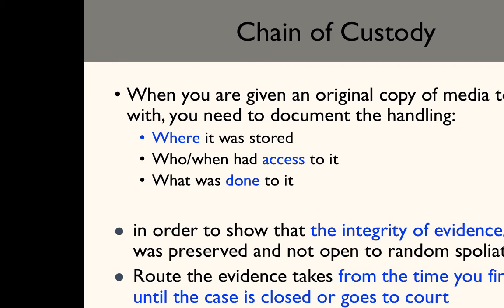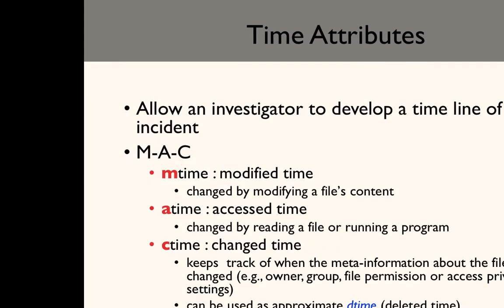So here we talked about when and where. How do you maintain this kind of time attribute? Usually at the disk level, we can develop a timeline of incidents using so-called MAC attributes. There are basically three different attributes for time. M means the modified time, which records the time a file's content was last modified.